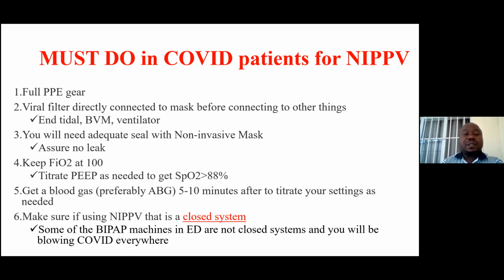The PEEP has to be titrated to get your targeted SpO2 according to the situation you are facing, either shock, COPD, or others as we explained above. So the blood gas, you can do them if you have facilities, and you make sure that your non-invasive pressure ventilation is in a closed system.